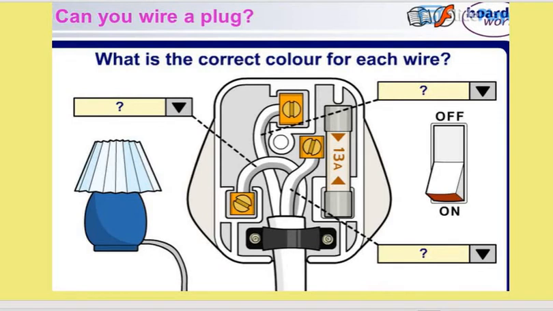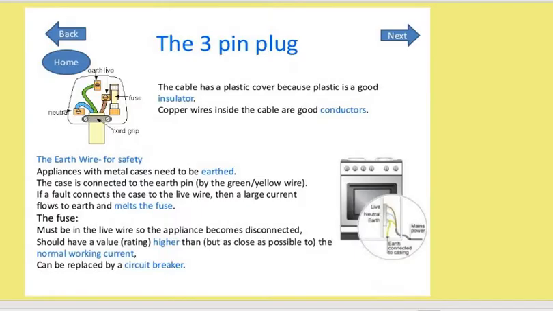You can draw the plug and label it, or you might have a diagram that you can label. And then what happens to the fuse? The fuse must be in the live wire so that the appliance becomes disconnected. If the value is higher than the normal working current, it can be easily replaced.